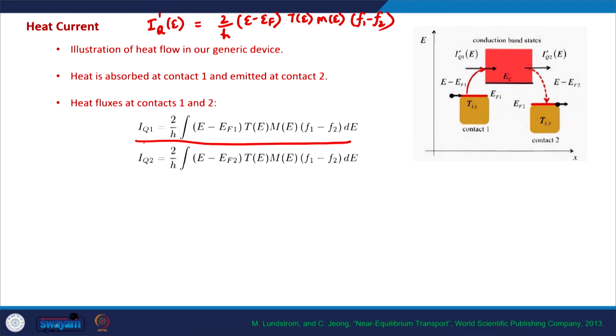And if we need to find out the heat current from contact 1 to the semiconductor, we need to integrate this over all possible energy channels, and this is what it turns out to be. Similarly, from contact 2 it is.